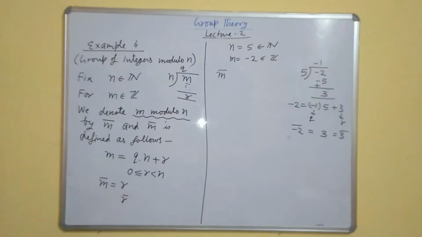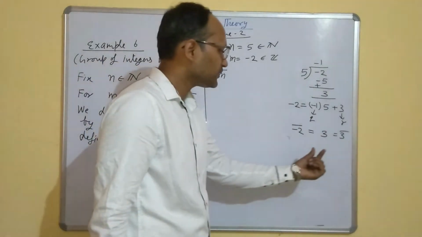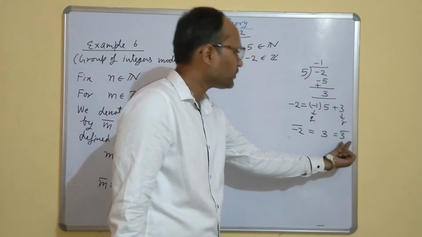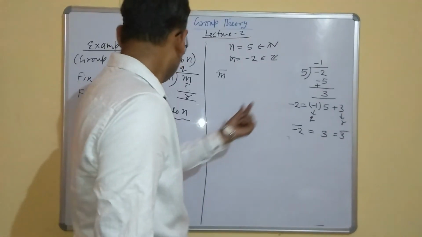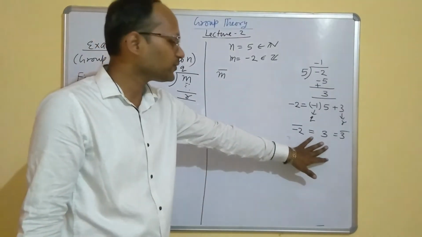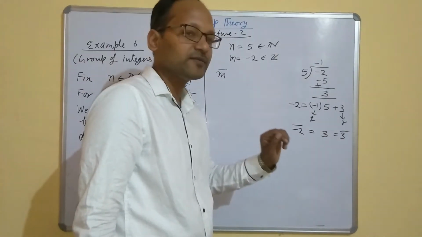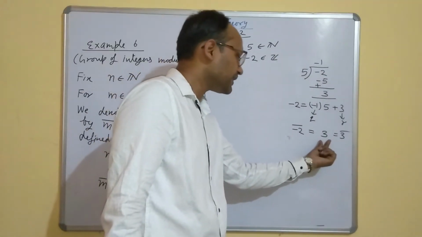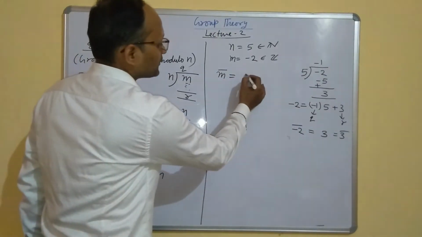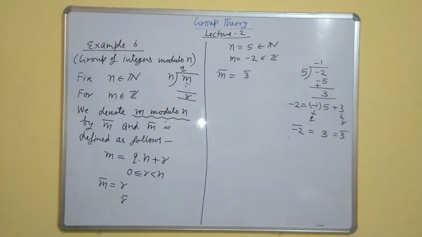Both are the same thing, because when you determine 3 modulo 5, then you will again get 3. 3 modulo 5 means 3 itself. So that's why 3 bar is also 3. So people are writing this as 3 or 3 bar, whatever you want to write.